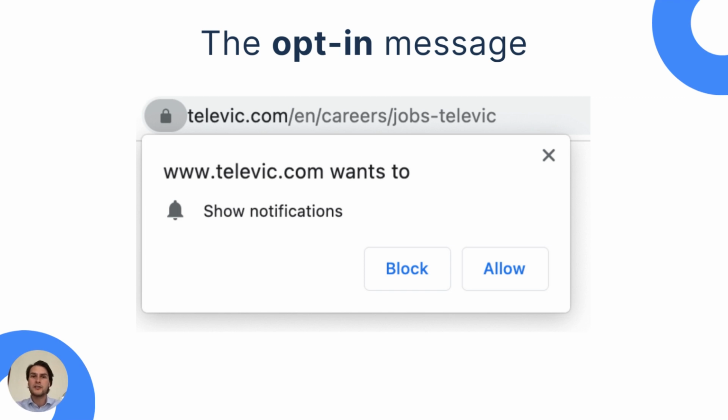After this, you can send them messages and target them to return to your website for offers, push interesting content and so on. Treat this as a privilege because they can as quickly opt out of the notifications as they opted in. And remember, when your notifications have been switched off, it won't be easy to have them turned on again.